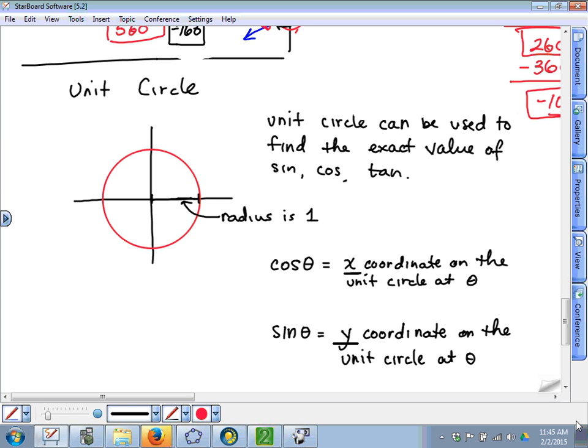It's called the unit circle because the radius is 1 and 1 is called the unit length.